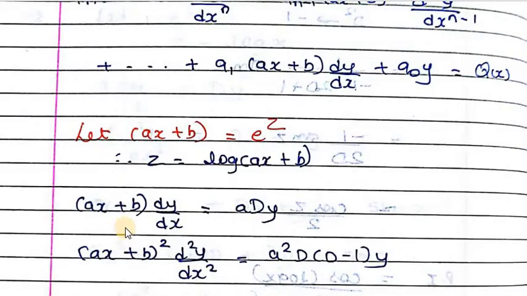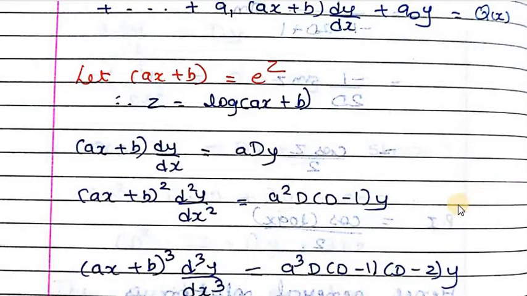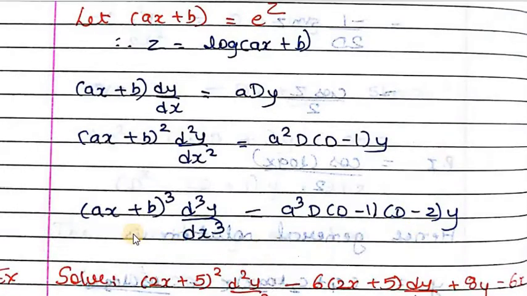Then (ax+b) dy/dx equals a times Dy, where capital D is d/dz, and (ax+b)^2 d^2y/dx^2 equals a^2 D(D-1)y. Similarly, (ax+b)^3 d^3y/dx^3 equals a^3 D(D-1)(D-2)y.